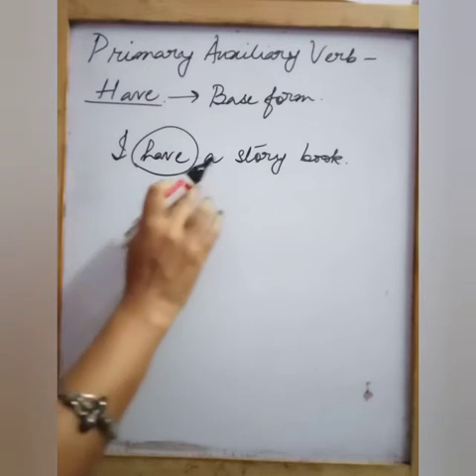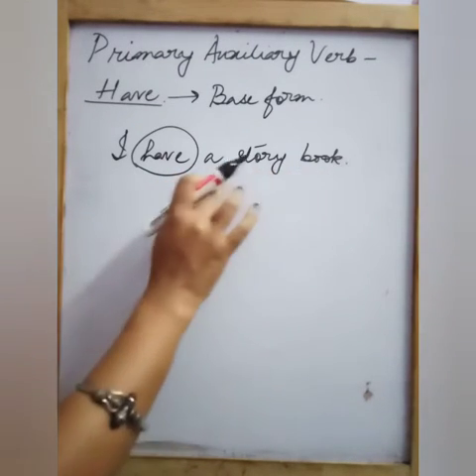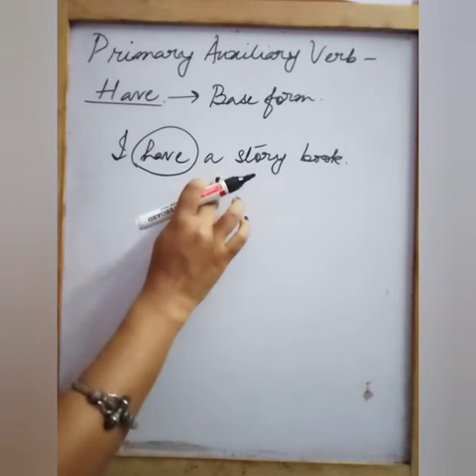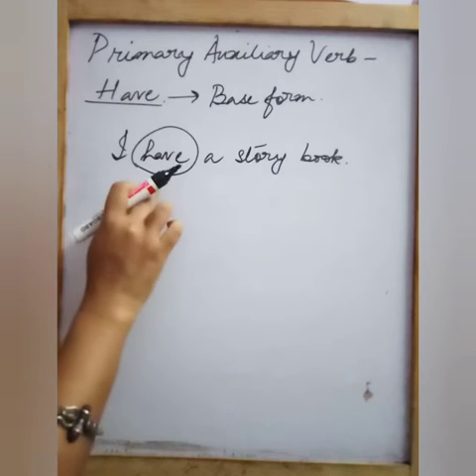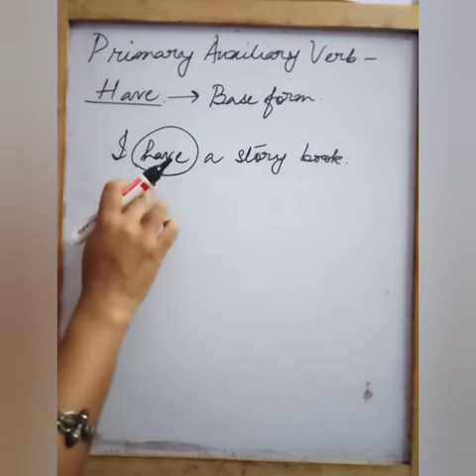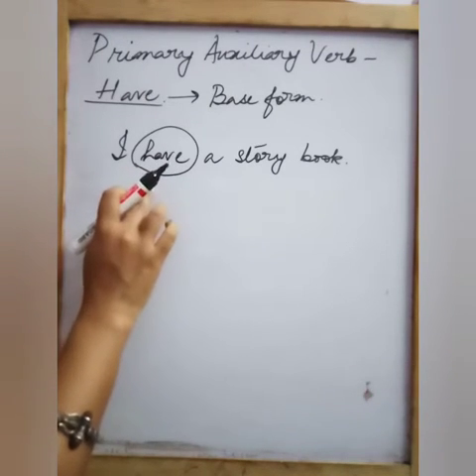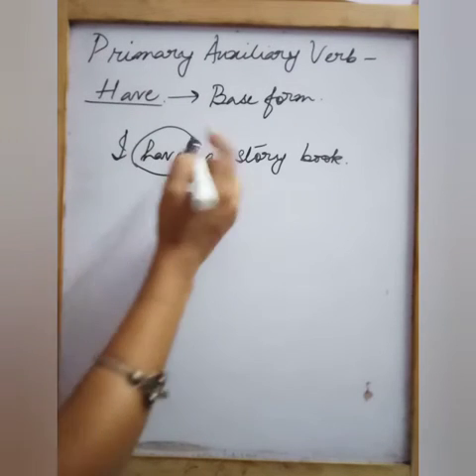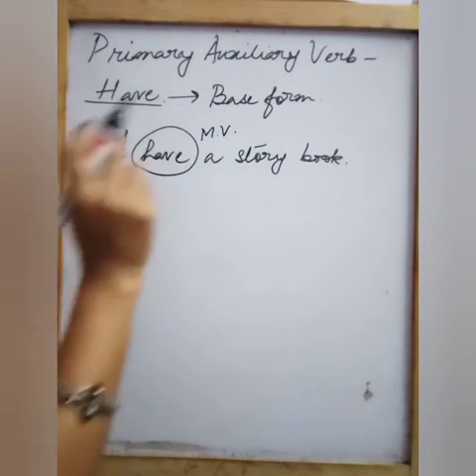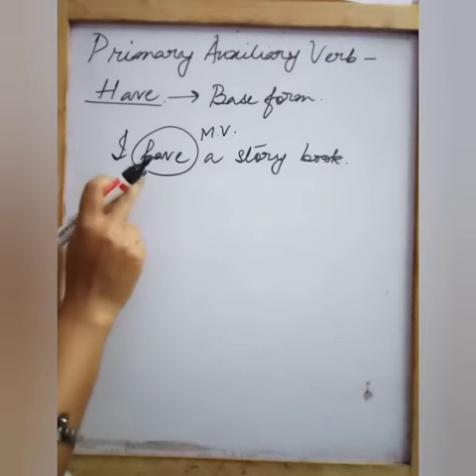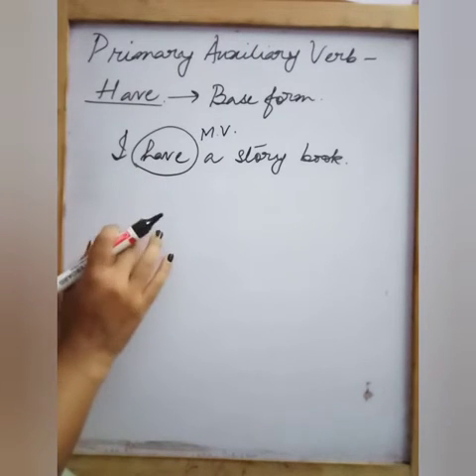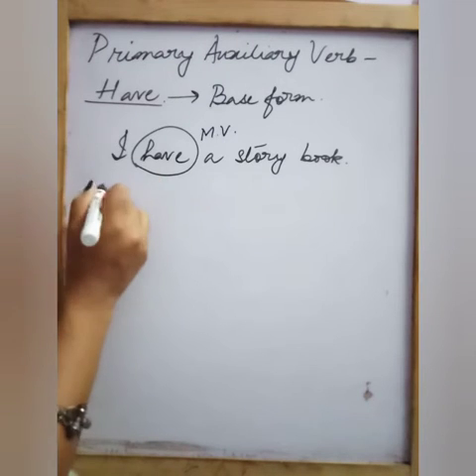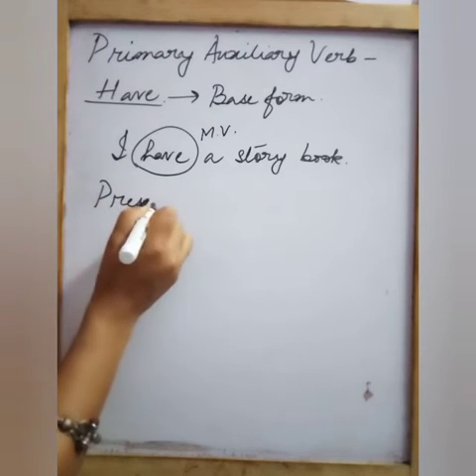Why? Because here in the remaining part of the sentence we do not have any other verb. When we do not have any other verb here, this verb have, this primary auxiliary verb, is acting as the main verb and not the auxiliary verb. This is one thing, this is the main verb. One more thing is that here the use of have is what? It is a use of possession or ownership, isn't it? It is in the present tense, isn't it?